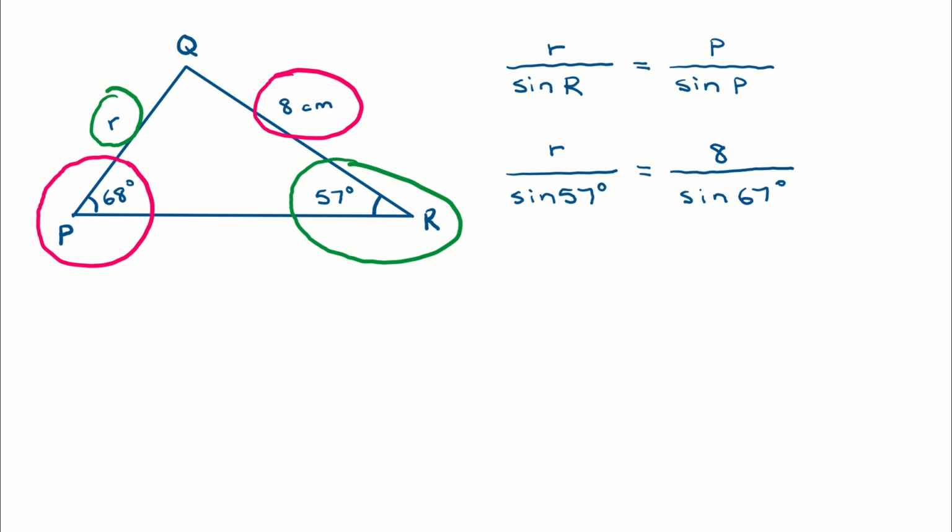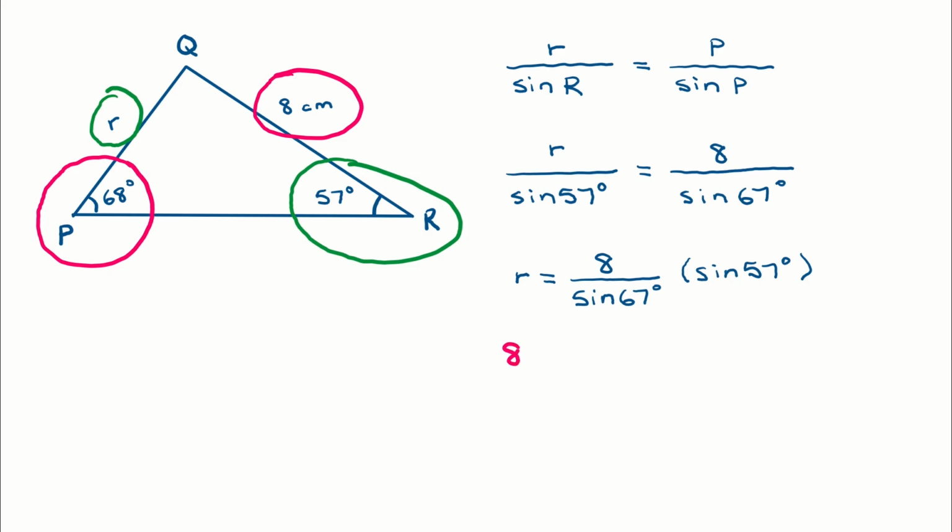Now to get R by itself, we're going to multiply both sides by sine of 57, meaning that R would be equal to 8 divided by sine of 67 multiplied by sine of 57. Now this we can put straight into our calculators. Remember, entering this into your calculator, you might want to enter a lot of brackets with this.